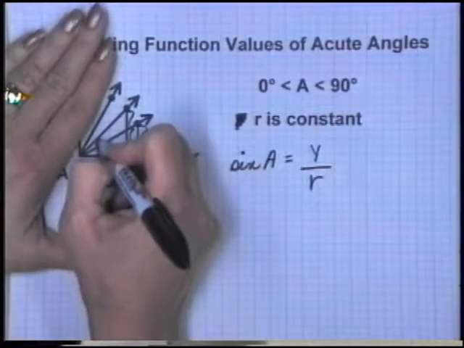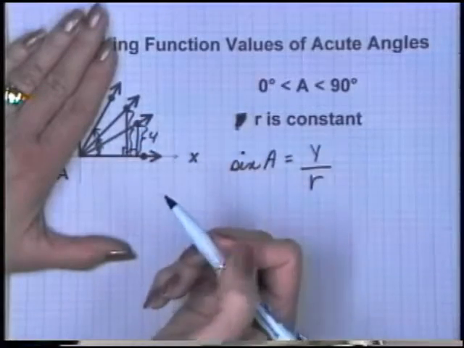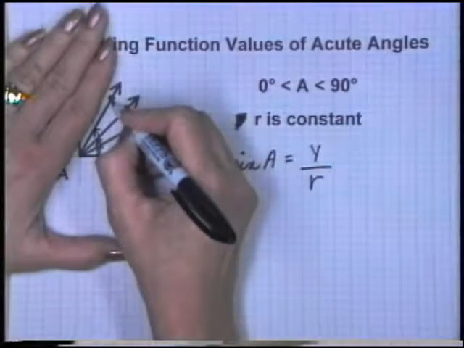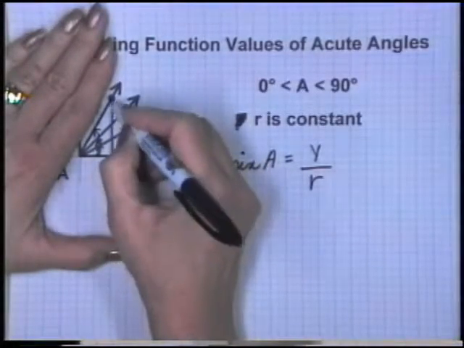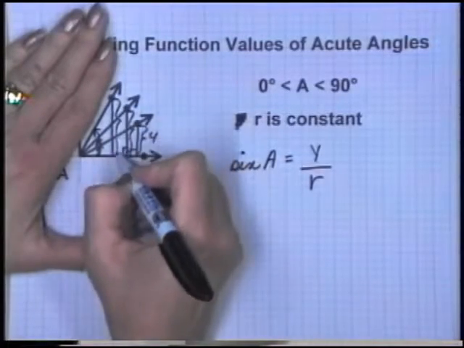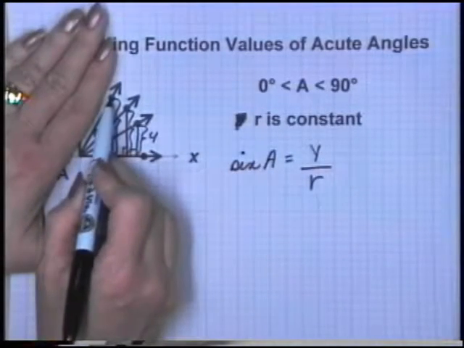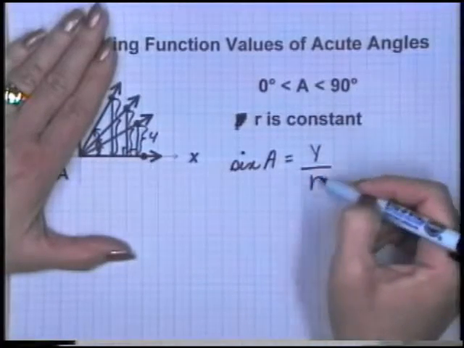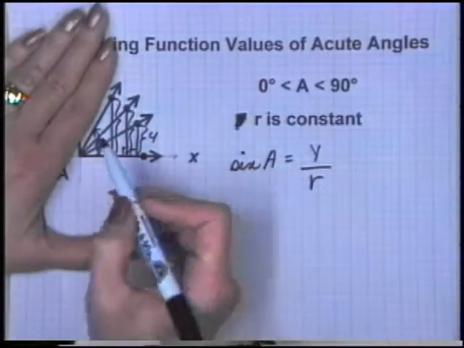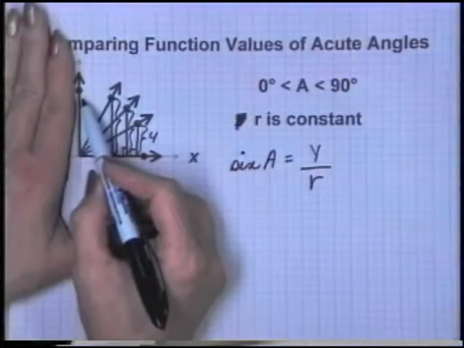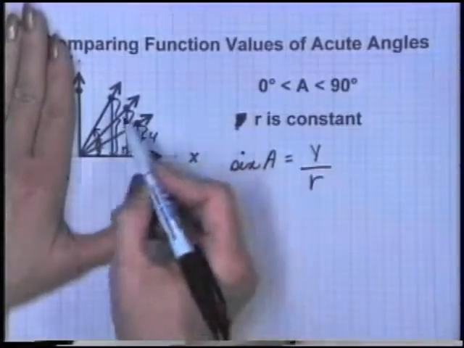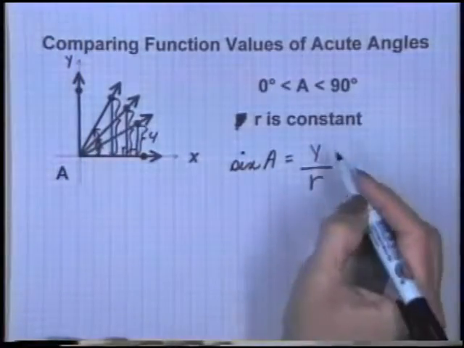What happens as I increase A, getting A closer to 90 degrees? Well, there's that y distance. Can you see that that y has gotten larger? Which means this fraction has gotten larger. And then, of course, we can go on to 90. We're really just talking about up to 90.